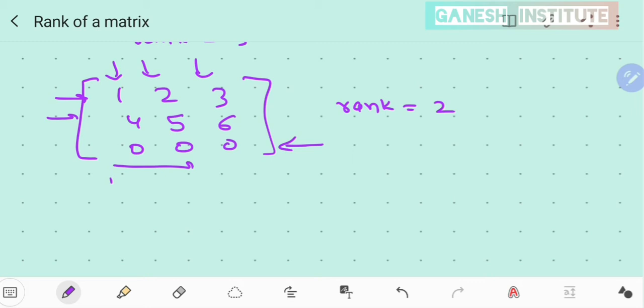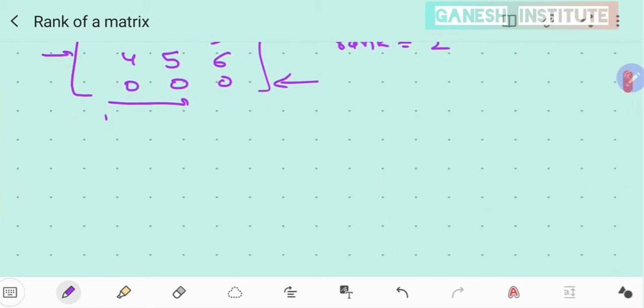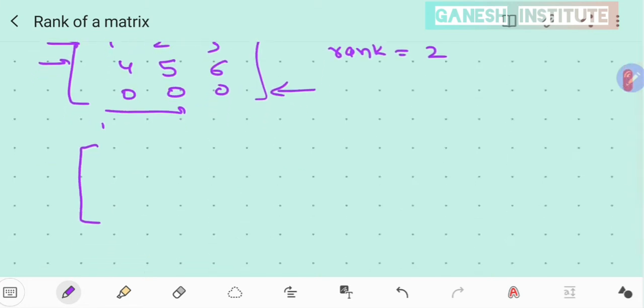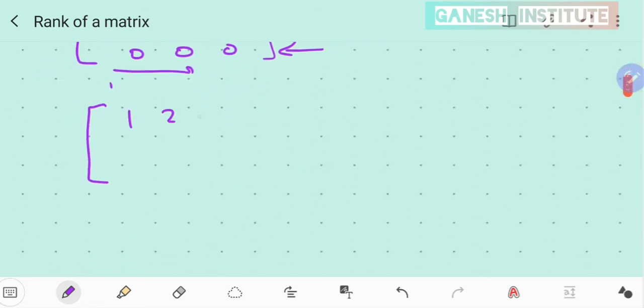There is another method which you can use to find the rank of a matrix. Let's say you have a matrix, any matrix, let's say this one: 1, 2, 3, 4, 5, 6, 7, 8, 9. What you need to do is make the echelon form.